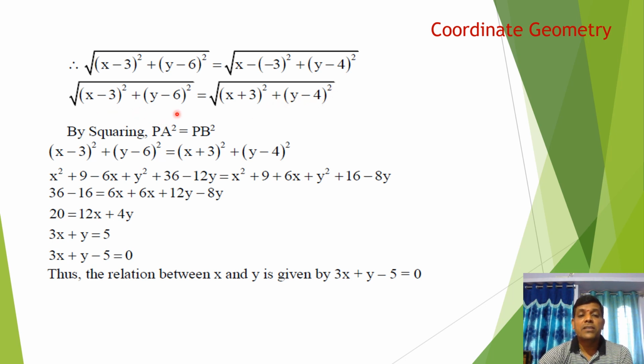So this is the first term, root over (x - 3) whole square plus (y - 6) whole square. This is the LHS. And root over (x + 3) whole square plus (y - 4) whole square. This is the RHS.